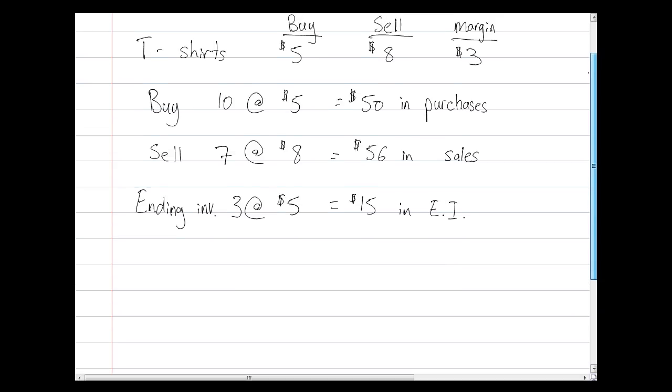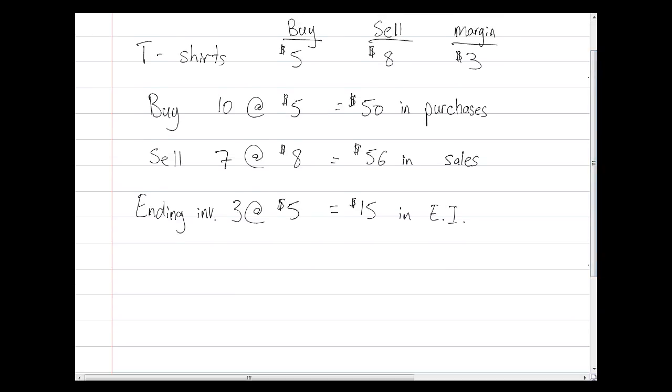And so let's say in this example I want to try and calculate what my cost of goods sold is. Well, we said earlier that cost of goods sold is the cost I paid for inventory which I sold. So in this example, how much inventory did we sell? Well, we sold 7 t-shirts, and so basically what we're trying to figure out when we come to calculate our cost of goods sold is how much it cost me to buy those 7 t-shirts which I already sold.